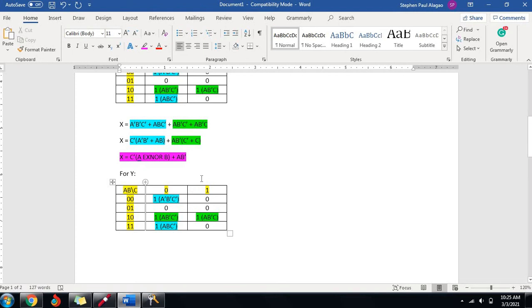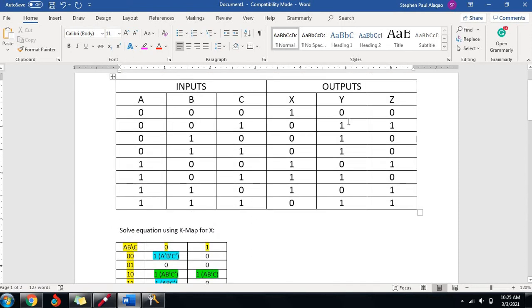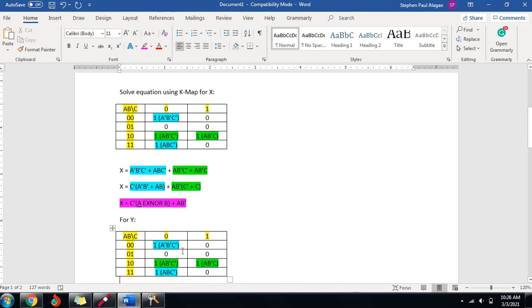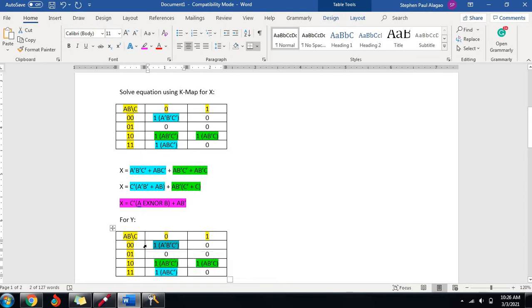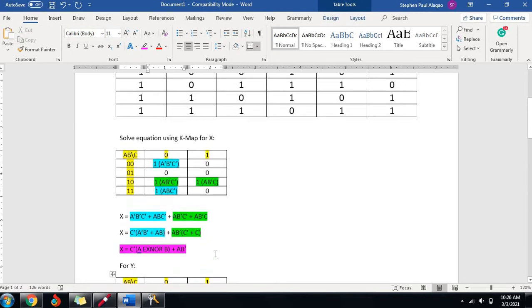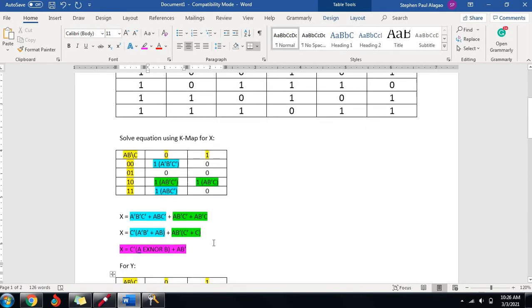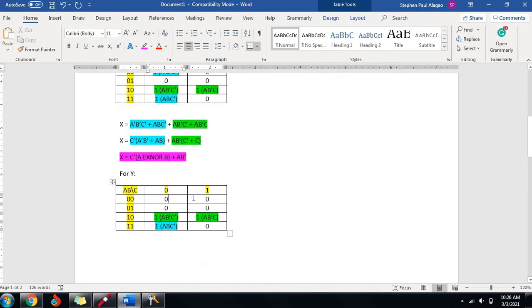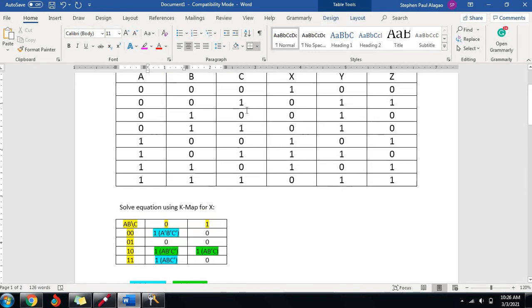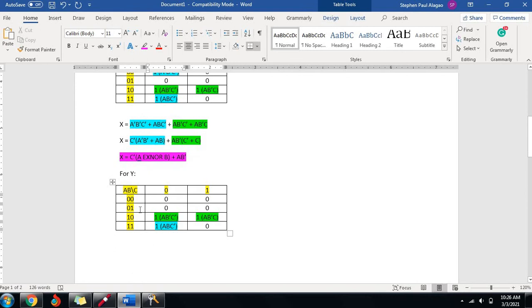Okay, so for y, we're going to have this one. 0 0 0, that is 0. And then for 0 0 1, that is 1. 1, 2, 3 are all 1, so we're going to find 1, 2, 3.